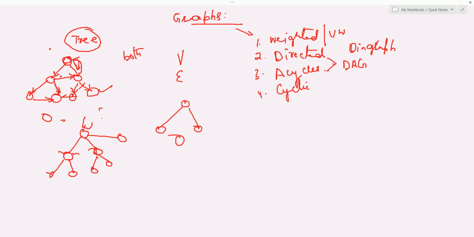You pick this in your hand, this becomes the root. You pick this in your hand, this becomes the root. Or you pick any node, it becomes the root, and the rest of the tree hangs from that root. So this is called a free tree.